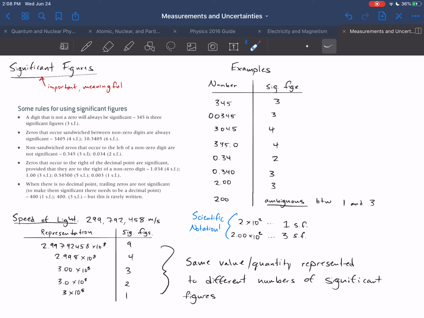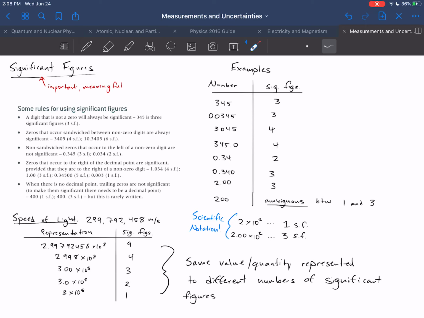I would go through this list of examples here, and we'll go through them together, and just ask yourselves which digits tell you something about the value that is being represented.